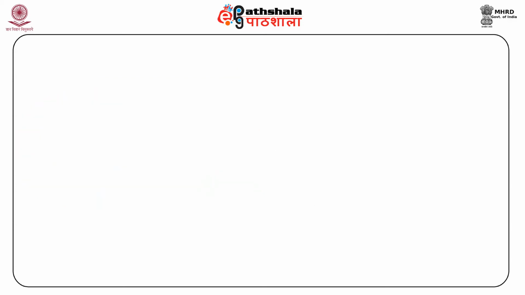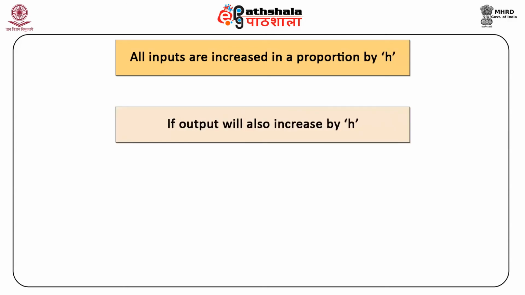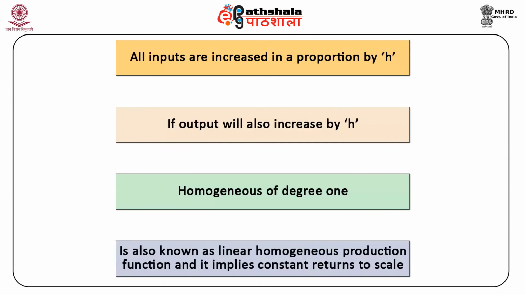For instance, if all the inputs are increased in a proportion by h and the output will also increase by h, then the production function is said to be homogeneous of degree 1. This is also known as linear homogeneous production function and it implies constant returns to scale.